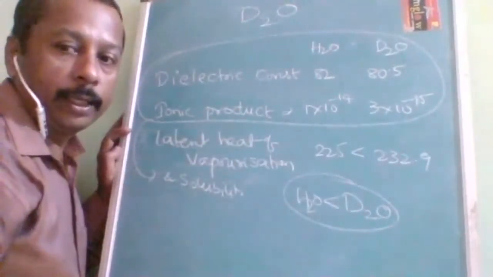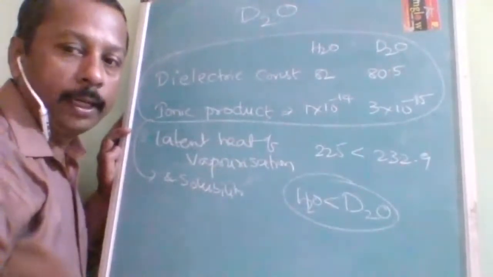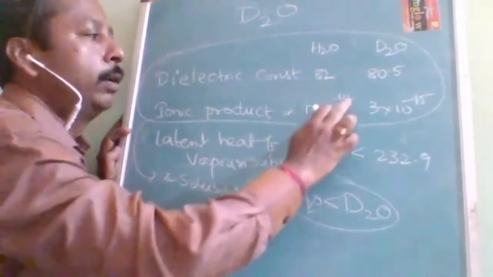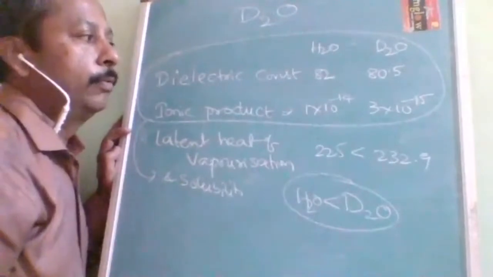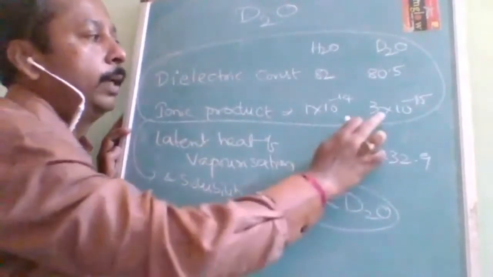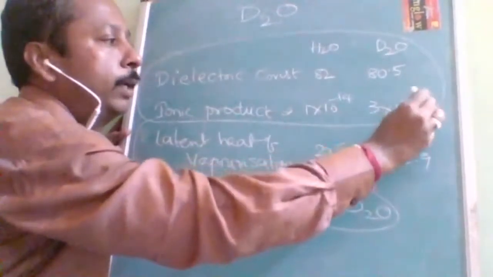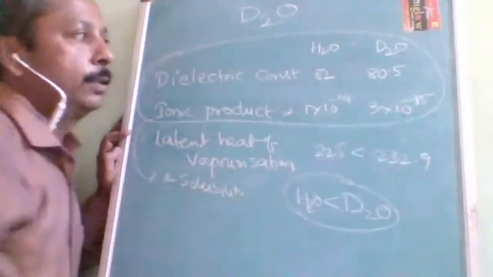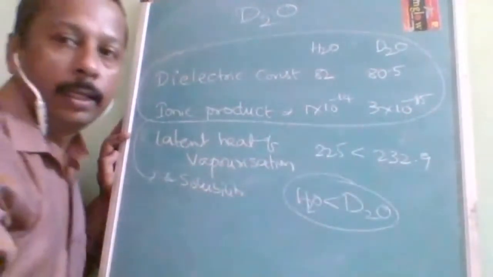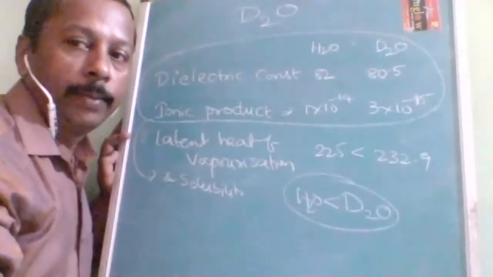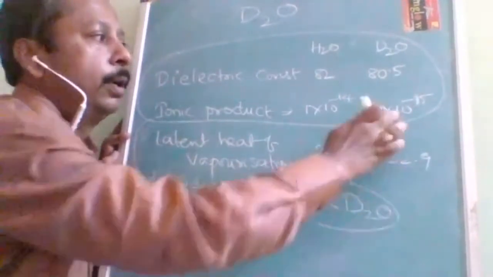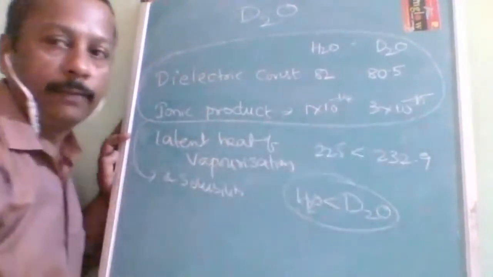Everybody knows that Kw is 1 into 10 to the power of minus 14 for H2O. But here it is 3 into 10 to the power of minus 15. Is it larger or smaller? It is smaller because 10 to the power of minus 15 is there.